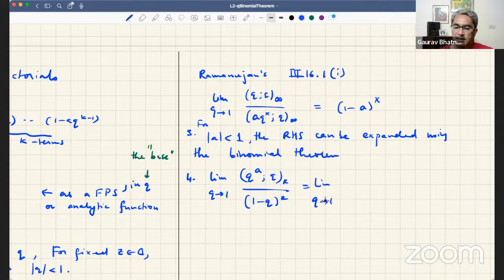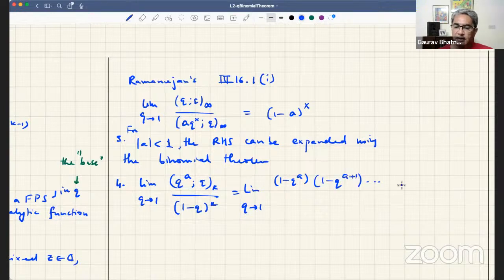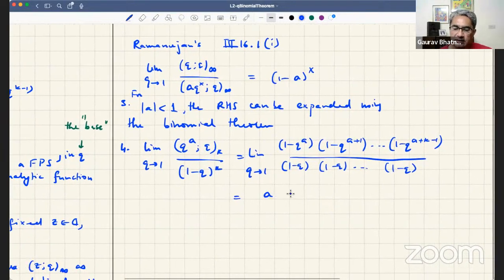This is a limit from calculus. On the top you have (1 - q^a)(1 - q^(a+1)) and so on up to (1 - q^(a+k-1)), and at the bottom you have (1 - q)(1 - q) and so on. And for each of these, you can take the limit.